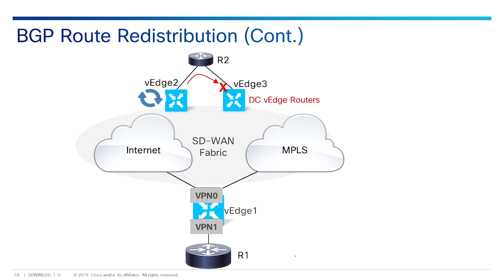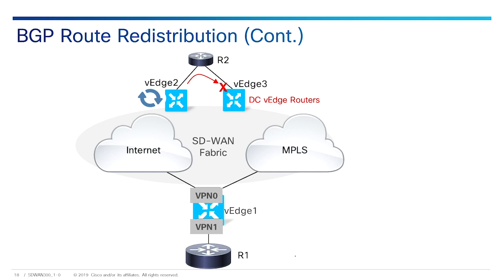So this is called a BGP site of origin. It ensures a loop-free network, in particular for multi-homed sites. And that site of origin is a tag that's appended to BGP updates to allow a peer to mark a particular peer as belonging to a particular site.